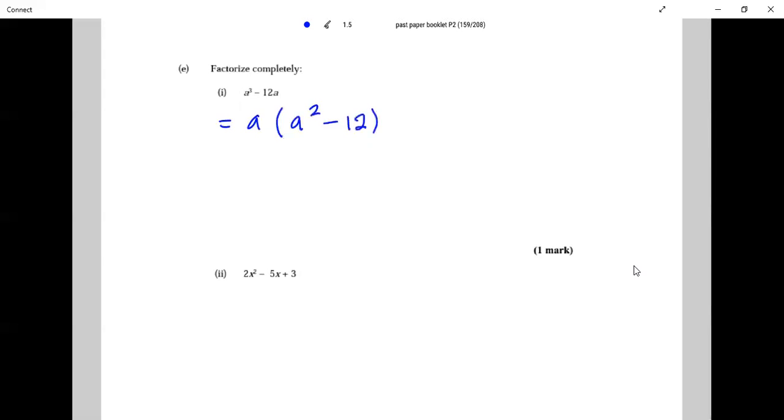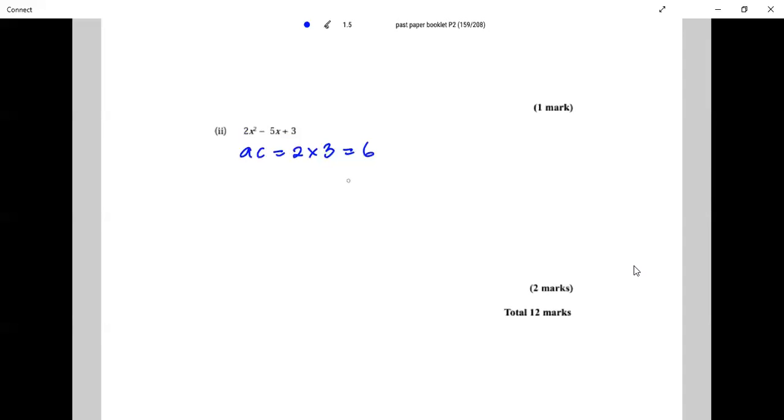All right, so that's the end of that. B, we're asked to factorize a quadratic expression. ABC method, I'm going to find AC, which is 2 times 3, which is 6. B is equal to -5. So to factorize this, I'm going to split the middle term and factorize by grouping.